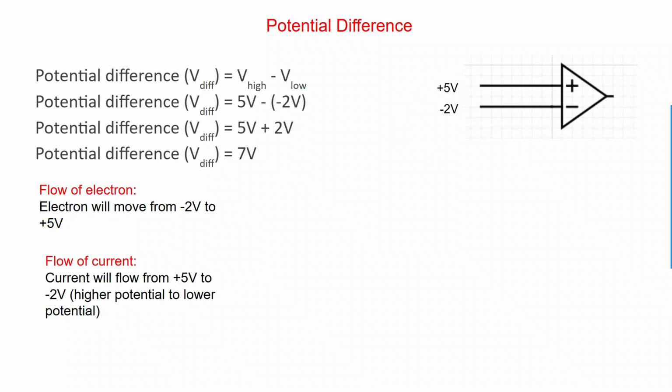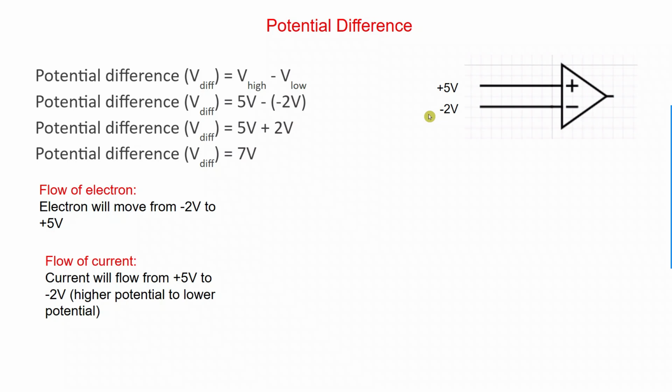This means this circuit will give more current because of the more potential difference. The flow of electrons will move from minus 2 volt to 5 volt. Electrons will always flow from low potential to high potential.